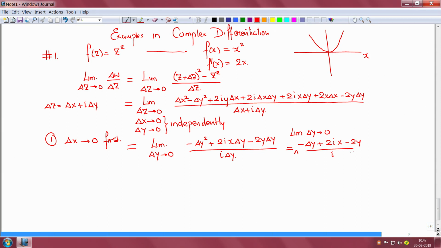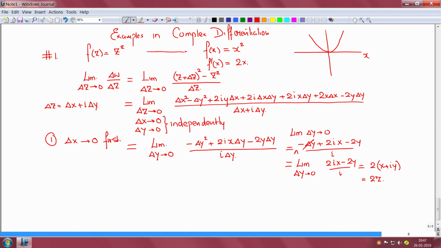Now, this delta y will go to 0 and I am left with twice I x minus twice y by I, which is equal to twice x plus I y, equal to twice z.